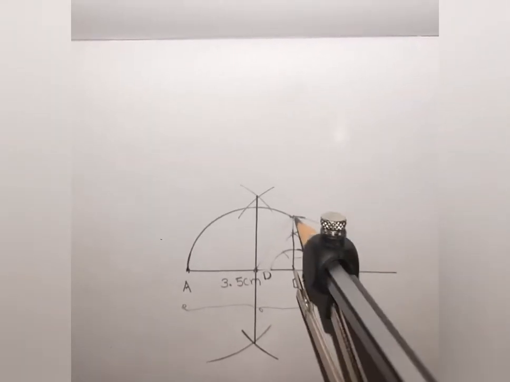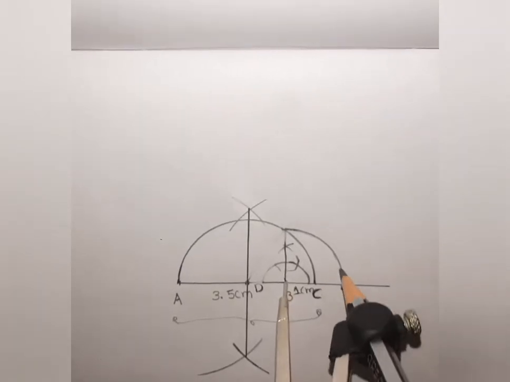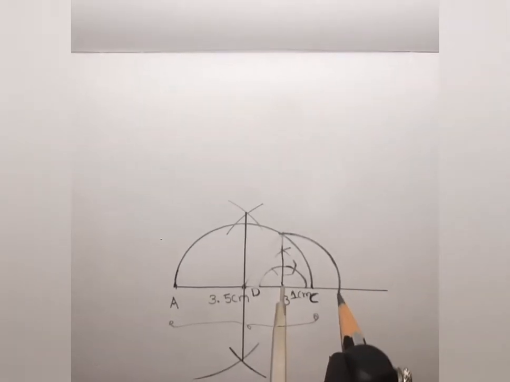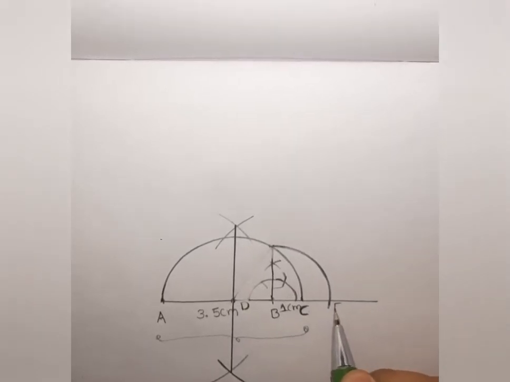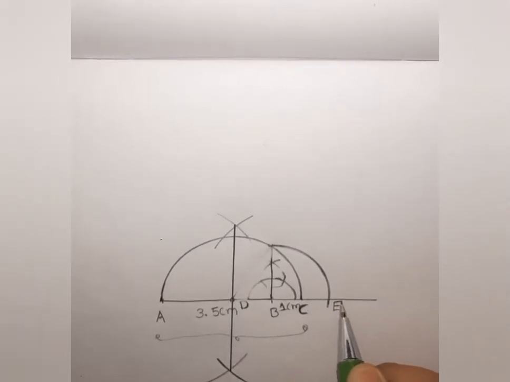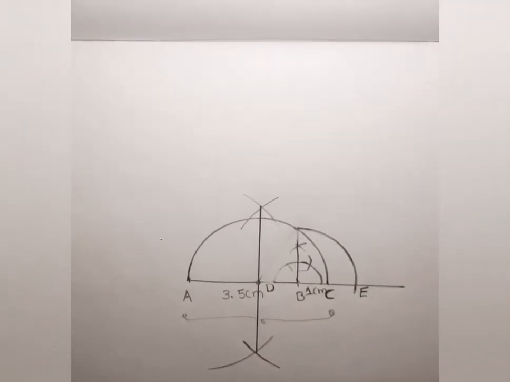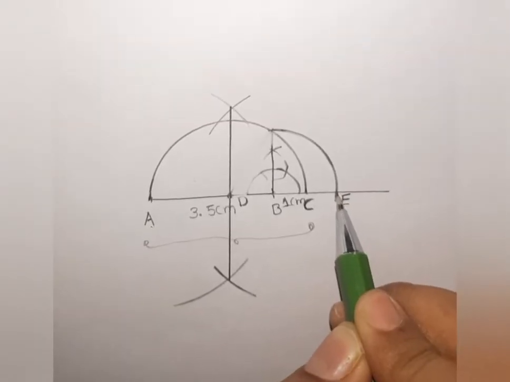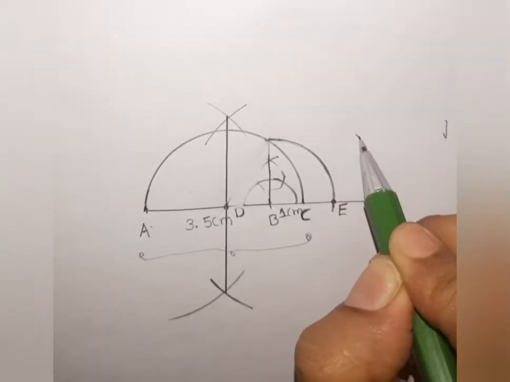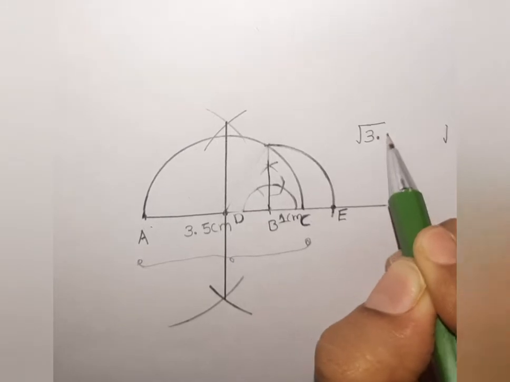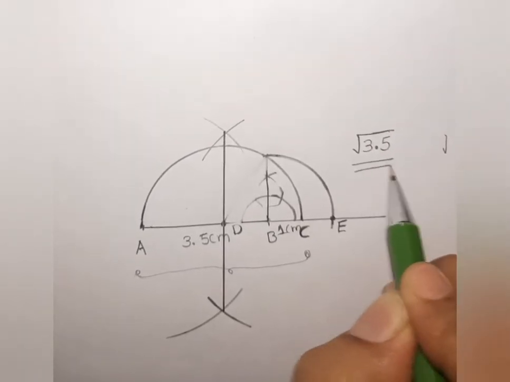Next, from that point, draw an arc like this and name this arc as E point. This E point represents root 3.5 on the number line.